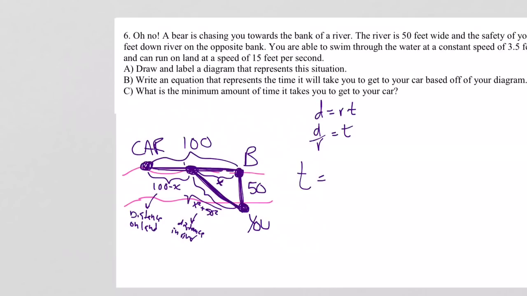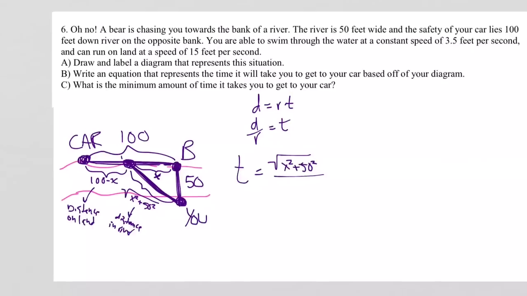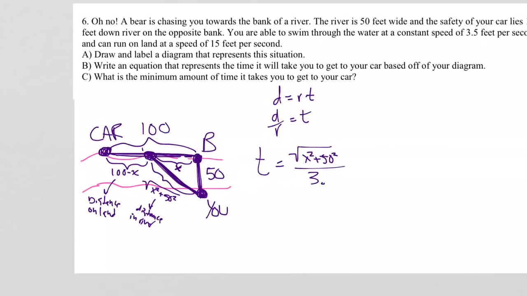The time in the water is our distance in the water, which is the square root of x squared plus 50 squared, divided by our rate in the water, which we're told is 3.5 feet per second, so over 3.5 right there. That now is distance in water divided by speed in water. Distance over r equals time in water.